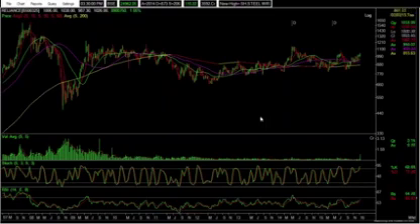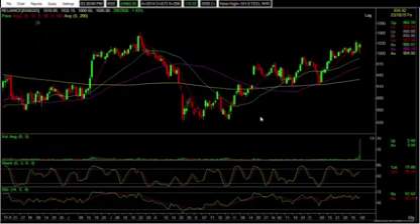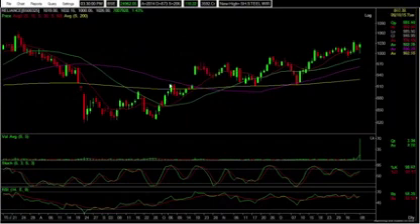If you see in this example, price is going up, coming down, going up, coming down, going up, coming down. So this is the formation of a zigzag pattern, and this zigzag pattern forms tops and bottoms.